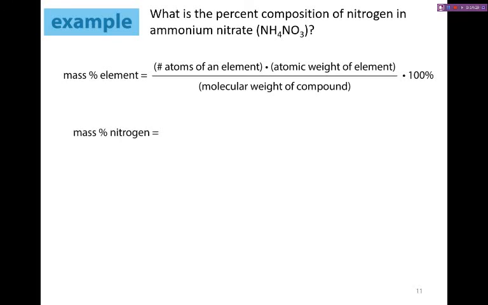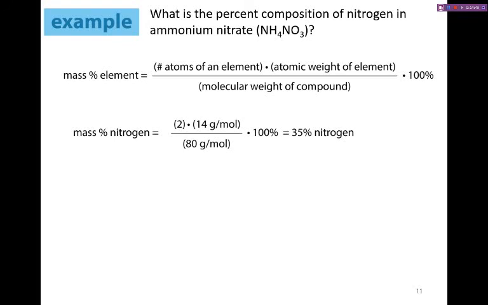Mass percent of nitrogen would be found by multiplying 2, because there's 2 nitrogens in the compound, times 14 grams per mole, which is its atomic weight, divided by 80 grams per mole, and multiply by 100. And this gets us approximately 35% nitrogen.